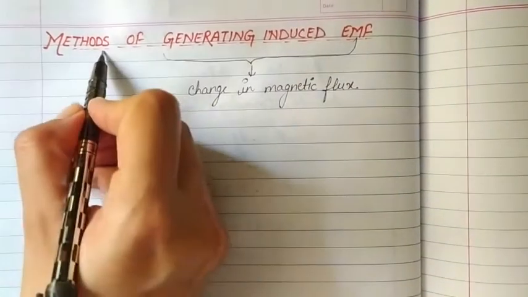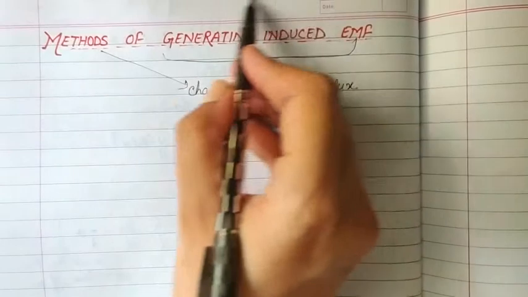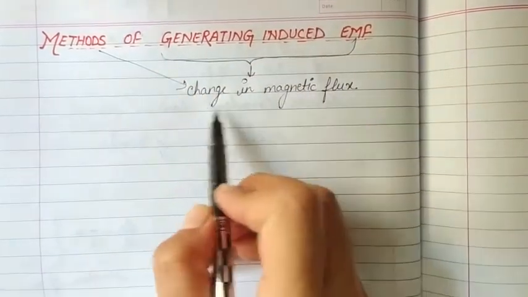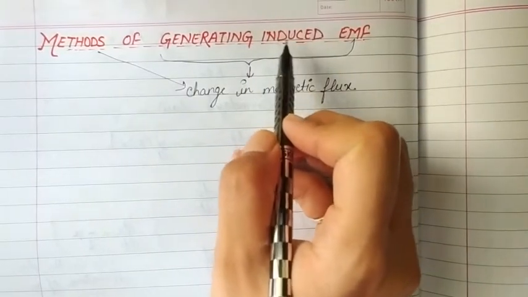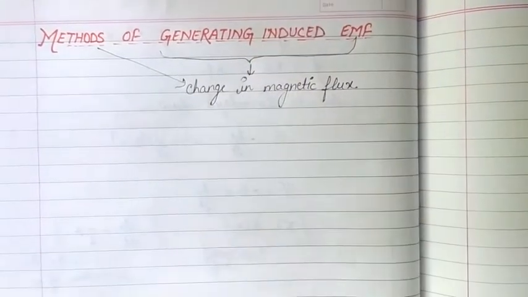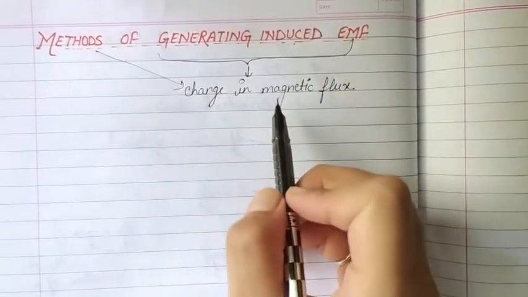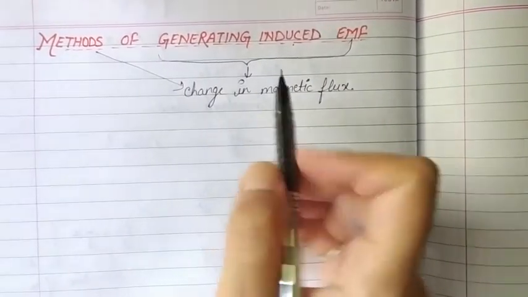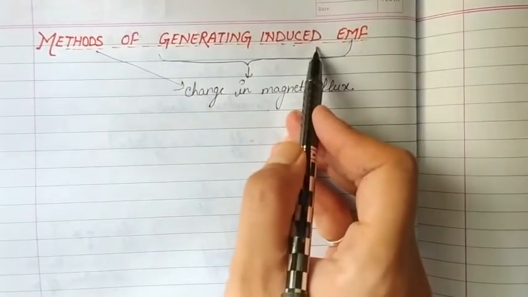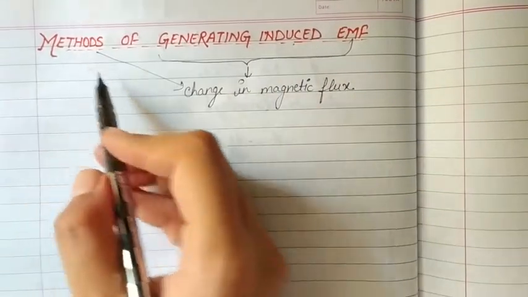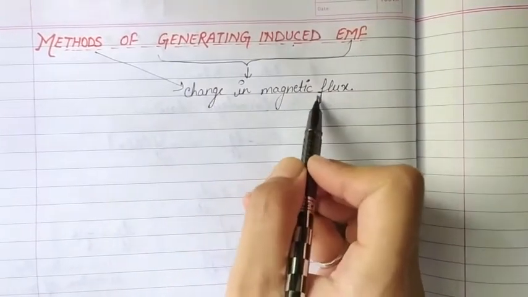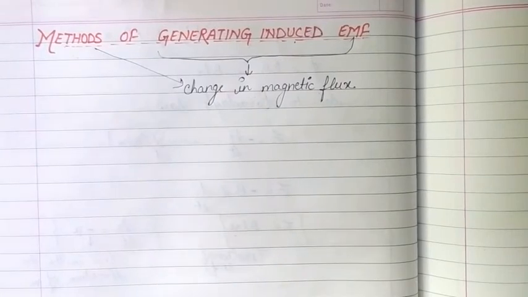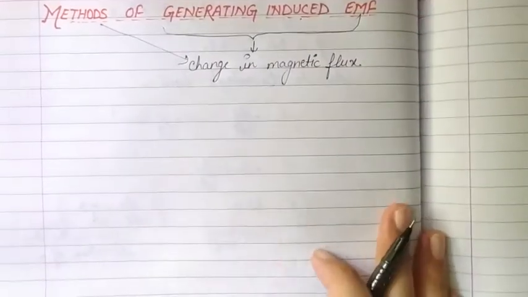If we change magnetic flux, because of that induced EMF is generated in the circuit, right? So methods of generating induced EMF actually focus on how to change the magnetic flux linked with that circuit.